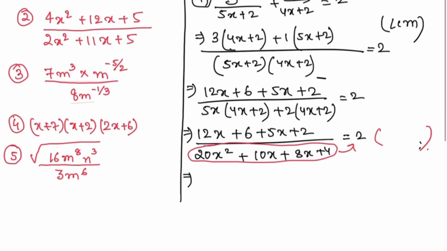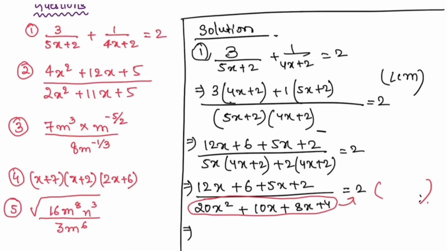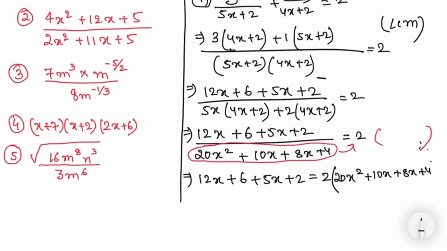What we'll write: 12x plus 6 plus 5x plus 2 equals 2 multiplied by 20x square plus 10x plus 8x plus 4. Okay. Now we will simplify this. So, 12x plus 6 plus 5x plus 2 equals 40x square plus 20x plus 16x plus 8.